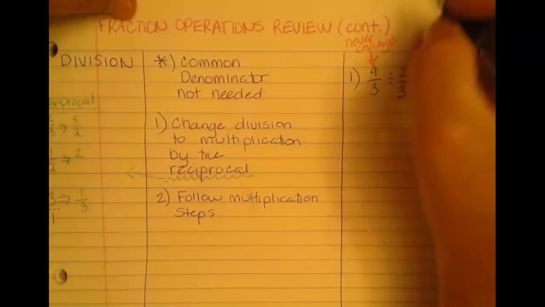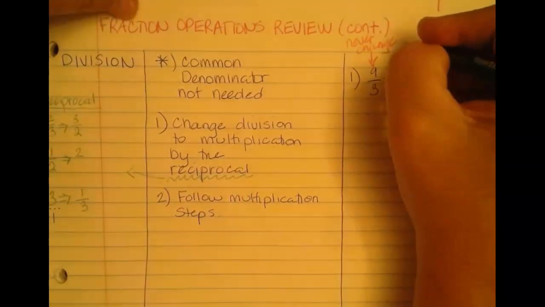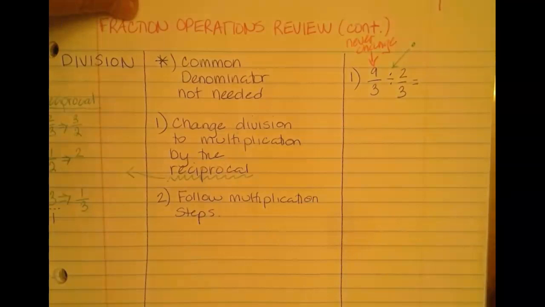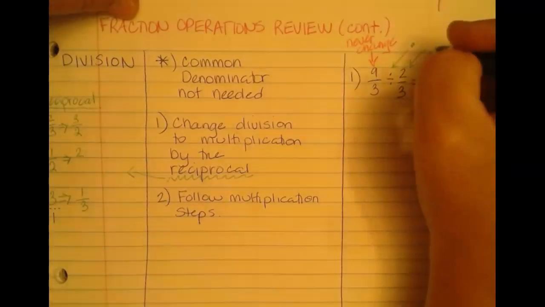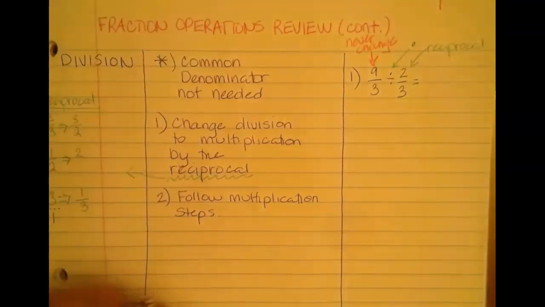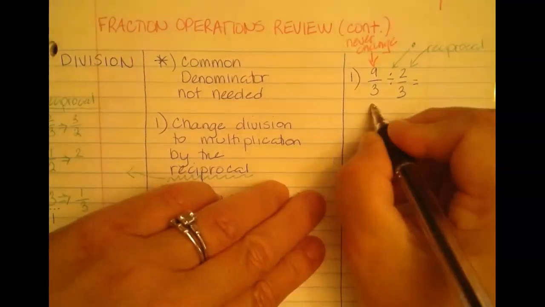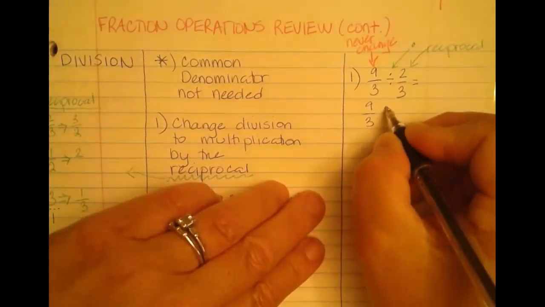So you're changing division to multiplication with a dot, and then we're changing the fraction that comes after to the reciprocal. Okay? So this is how we change the problem. Never change this one. So we're going to keep it the same, right? That's where the keep comes from.